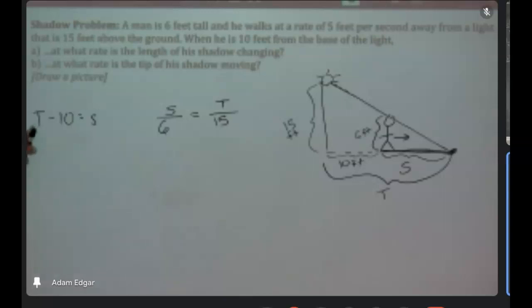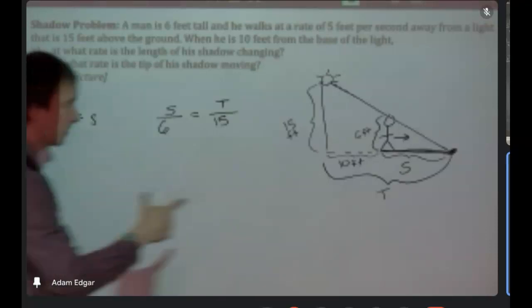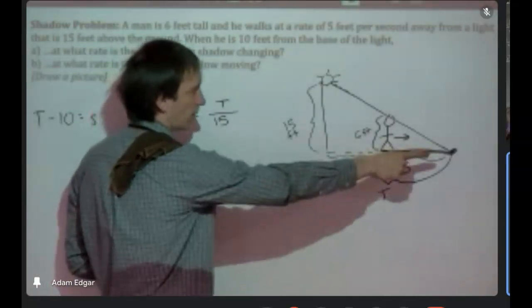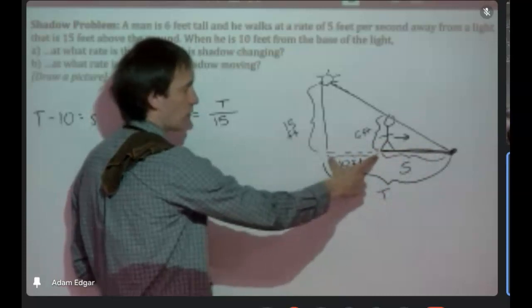When you differentiate big T, what do you get? dT/dt. Delete, back up. See this 10? If you're walking away from the lamp, is this distance always going to be 10? Okay.